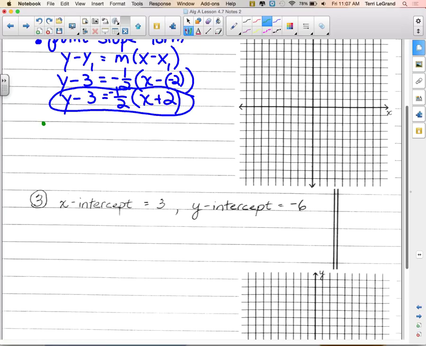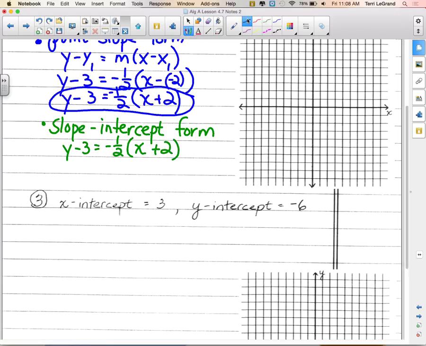Let's see if we get maybe 2 different names because we got 2 different point slope form names. There's only one slope-intercept form name, if you can convince these guys of that.